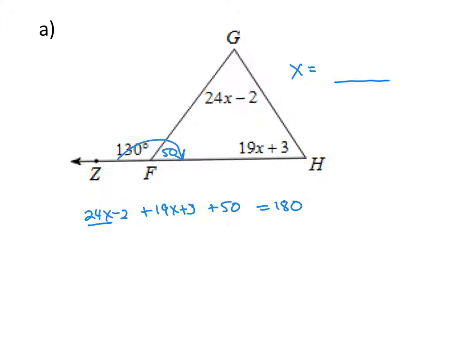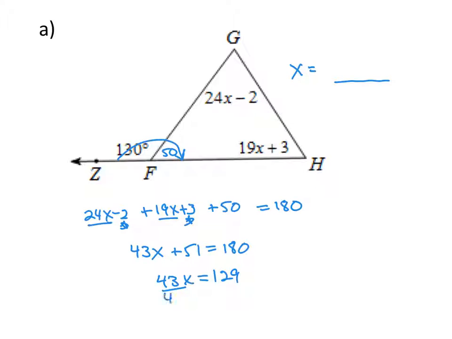So combining like terms, 24 plus 19 is 43x. Negative 2 plus 3 is 1 plus 50 is 51 equals 180. So that means that 43x equals 129.